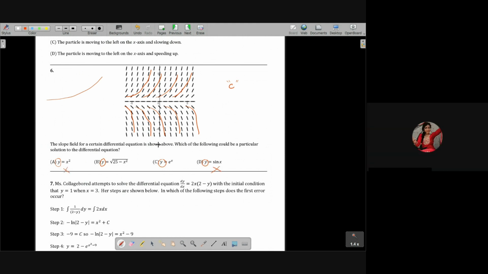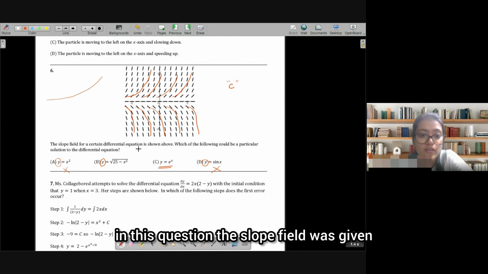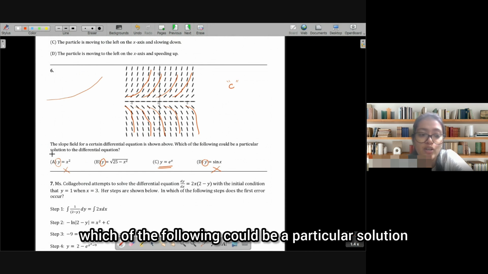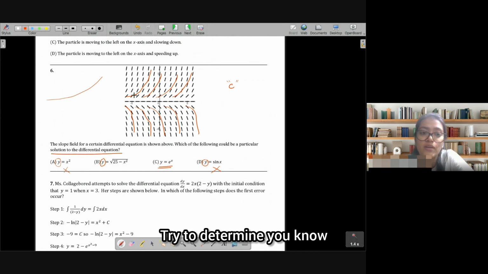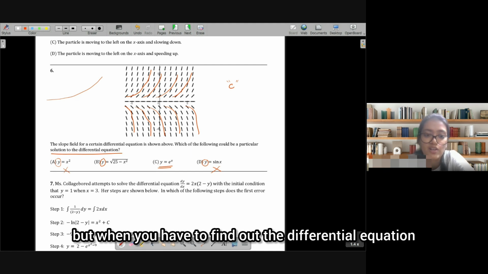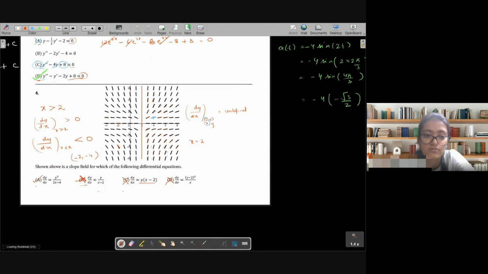We know that it is e raised to x. So in this question, the slope field was given, and we had to find out which of the following could be a particular solution. So when you have to find a particular solution, you can try to determine which function this curve is of. But when you have to find out the differential equation, then you will have to do it like this.